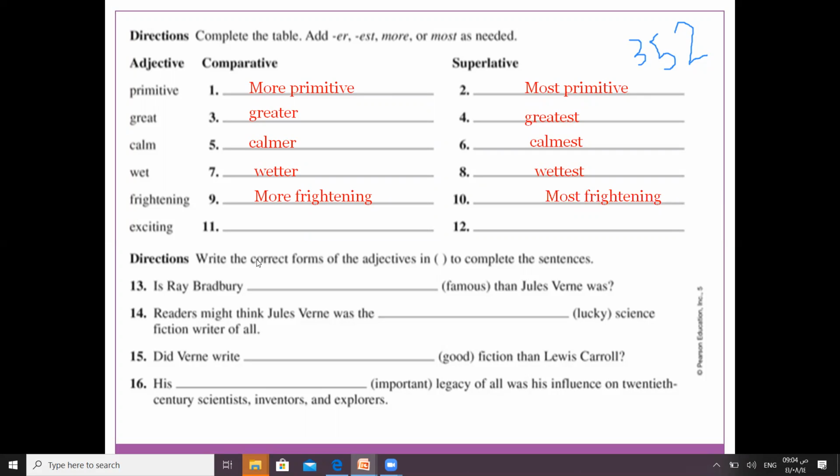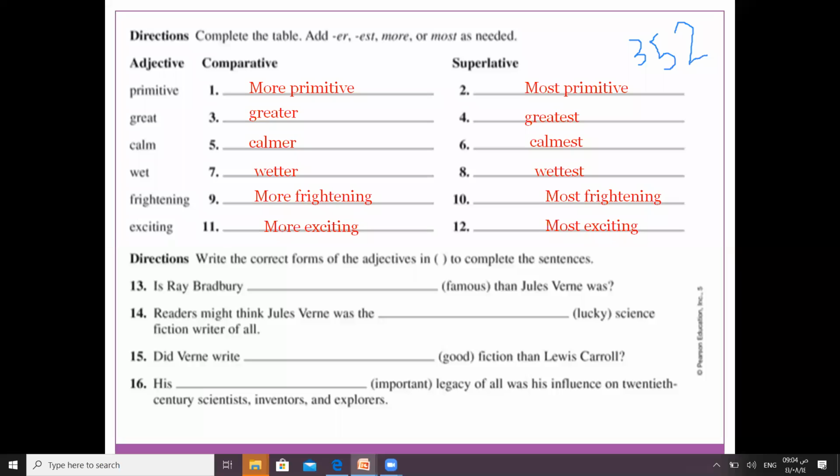Now, exciting. I have more than 2 syllables, so I will say more exciting and most exciting. Next question: write the correct forms of the adjective in brackets to complete the sentence.